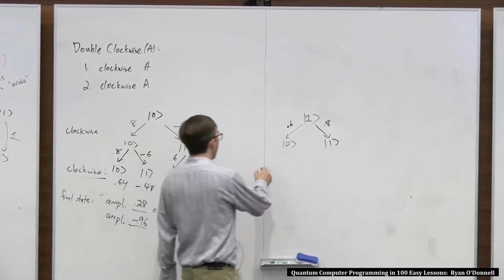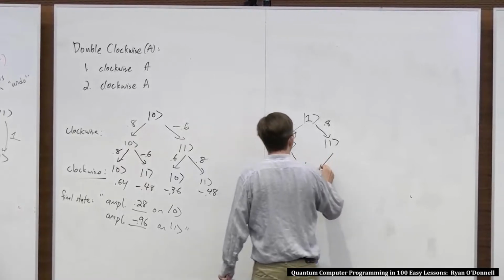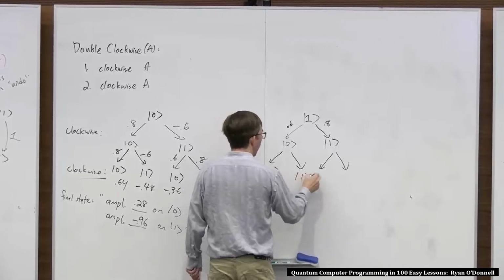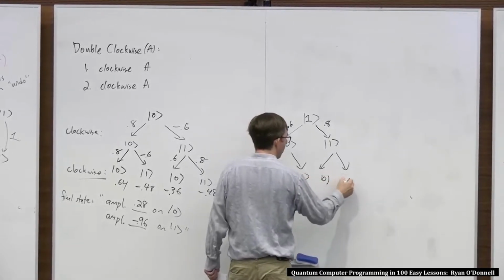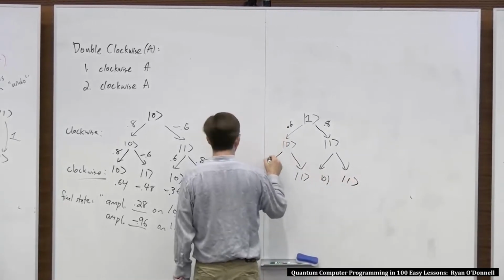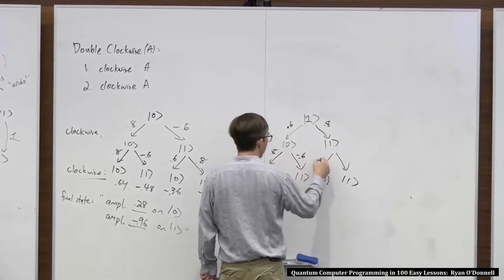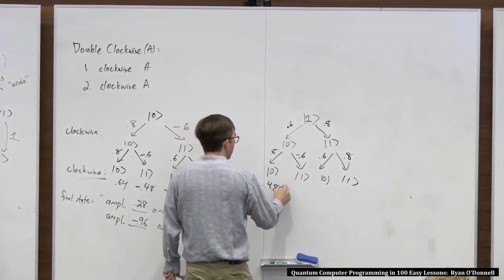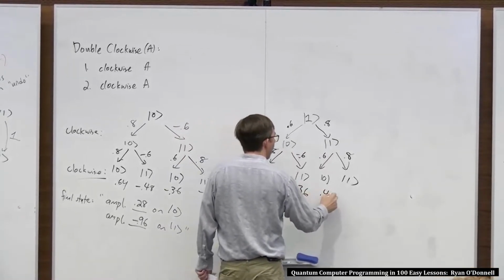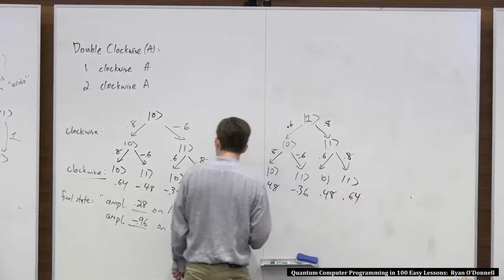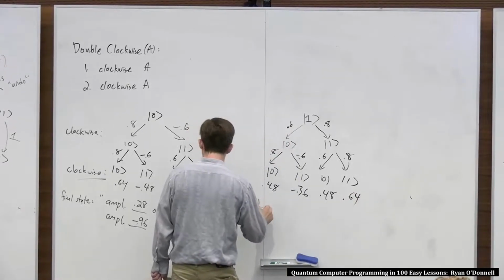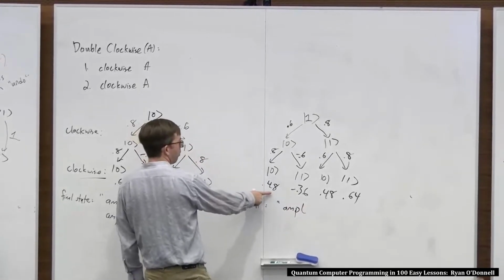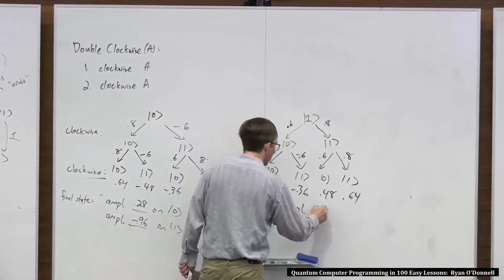We can similarly figure out what it does here. If you do double clockwise starting from 1, let me try to do it really fast. 0.8, minus 0.6, 0.6, 0.8. This is 0.48, minus 0.36, 0.48, 0.64. So the final state: how much on 0? It's 0.48 and 0.48, so that's 0.96.